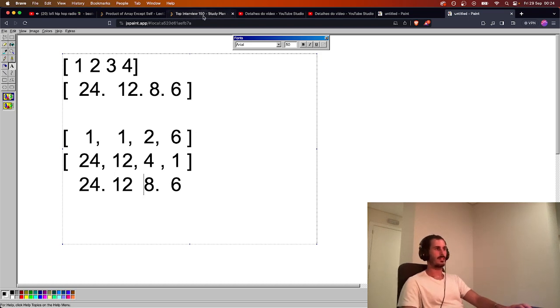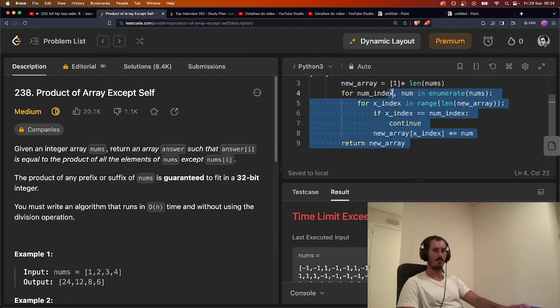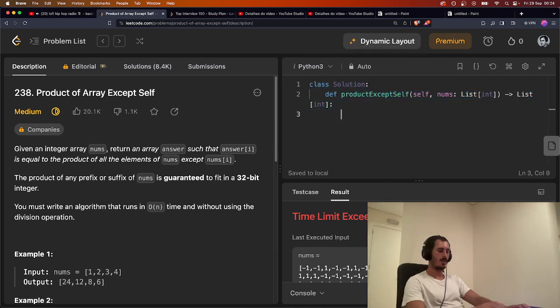So, given this logic, let's implement it. Left accumulator is equal to 1 multiplied by, actually we don't even need to multiply, but let's do it just to make it clear, times the length of nums. So we start with an array just of ones, right?